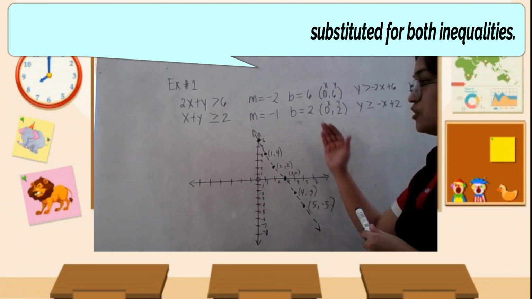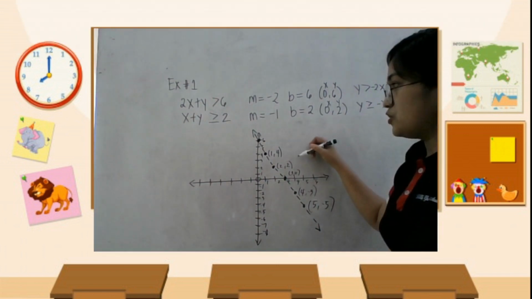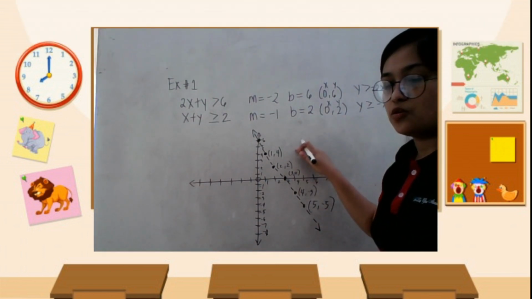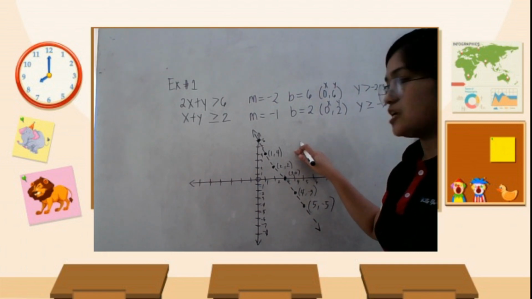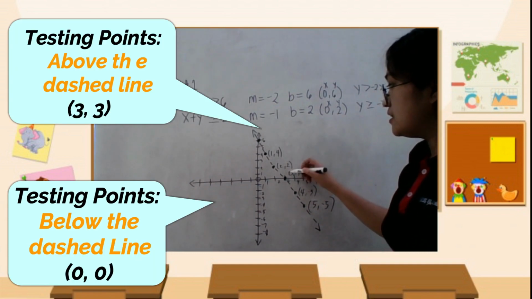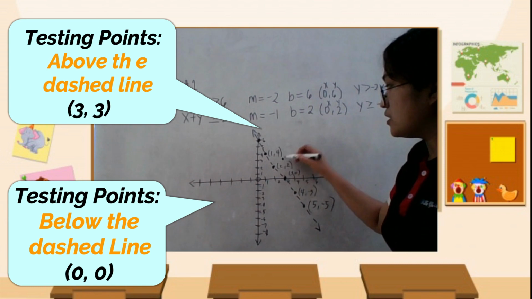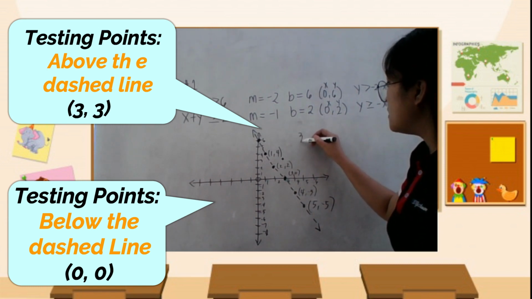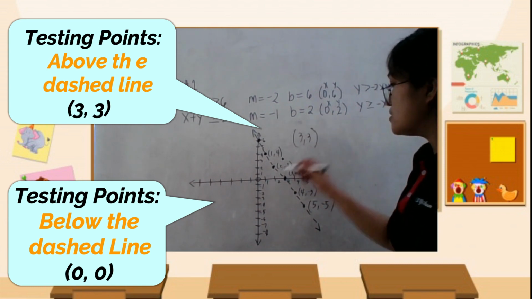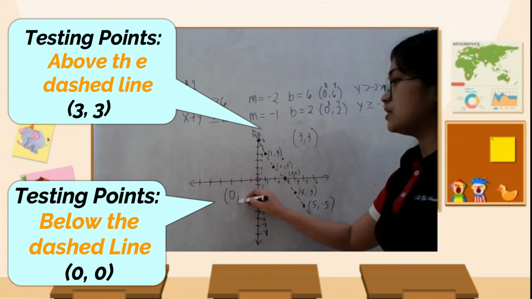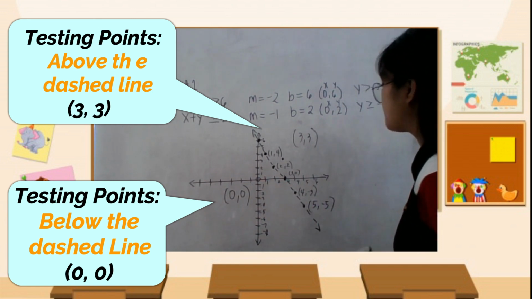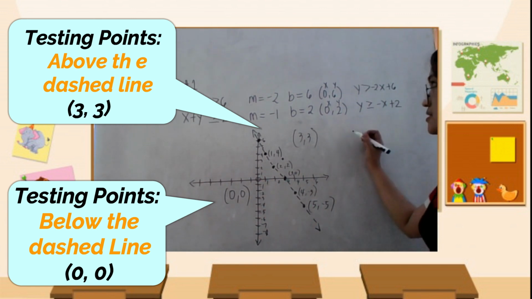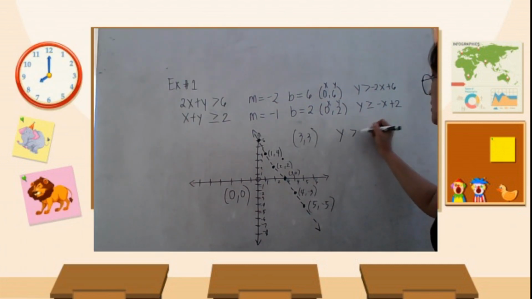Okay? Itong above. So, dito sa part na to, sa above of the dash line, ang kuhanin natin ay 3 and 3. So, ito yung point na yan. 3 and 3 ang kuhanin natin sa part na ito. Since dito ay may origin, so origin ang gamitin natin. Substitute lang po natin sa ating y is greater than to negative 2x plus 6.